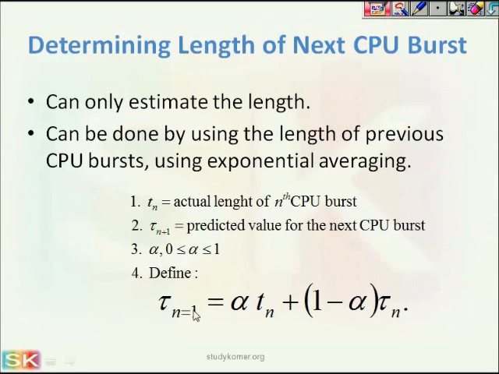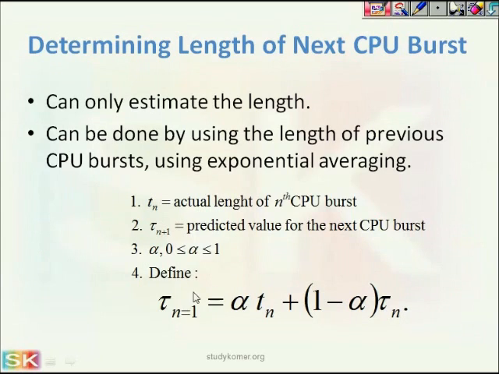So the next CPU burst value can be predicted as tau n plus 1 is equal to alpha times Tn, that is the CPU burst length of the nth burst, plus 1 minus alpha times tau n, the predicted value of the nth burst, right?